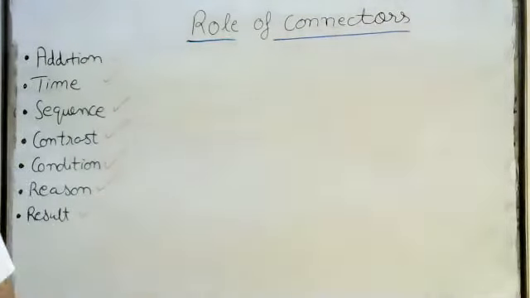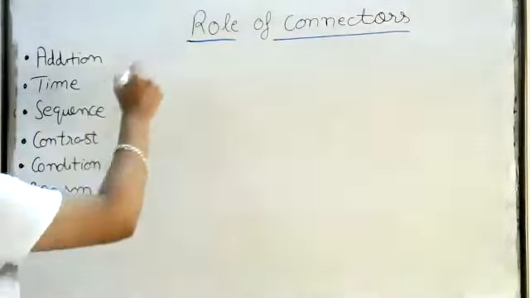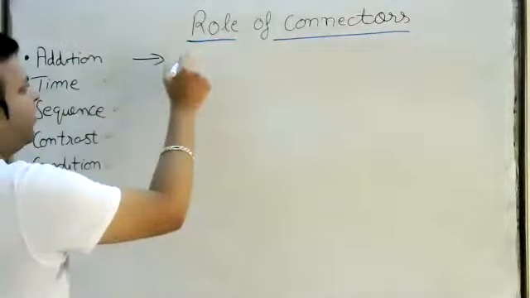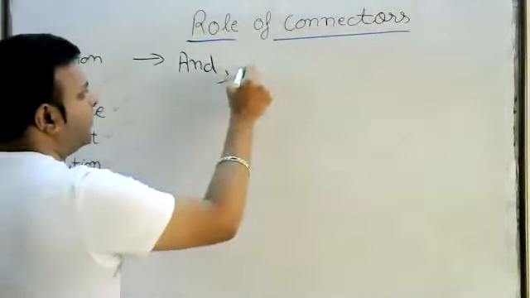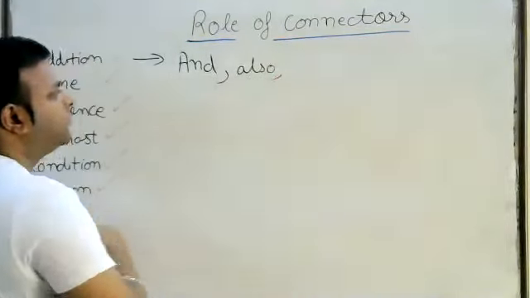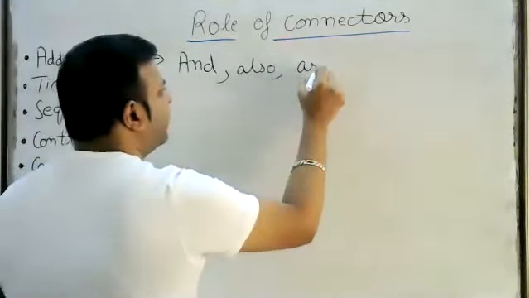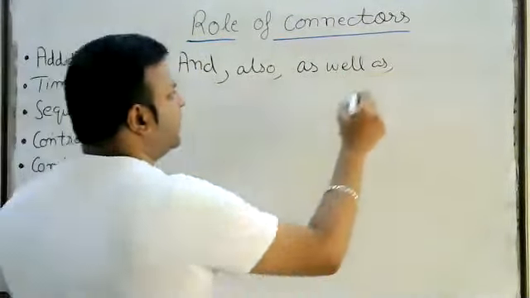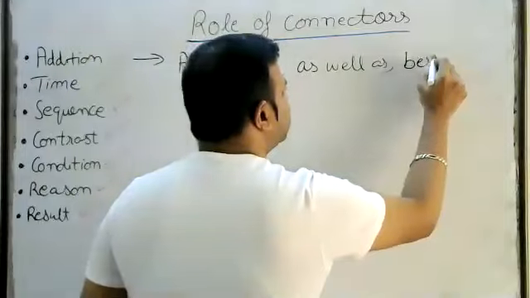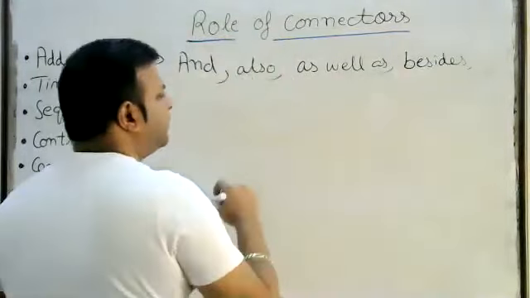Now let's begin with the addition, right? What kind of addition connectors are we looking at? Let's say we got and, we got also, right? We got as well as, right? We got besides, right?